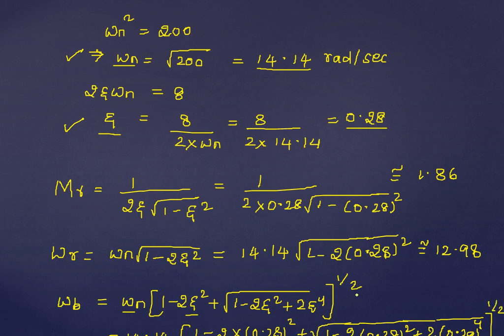Substitute all the values, then you will get bandwidth approximately equal to 20.74.